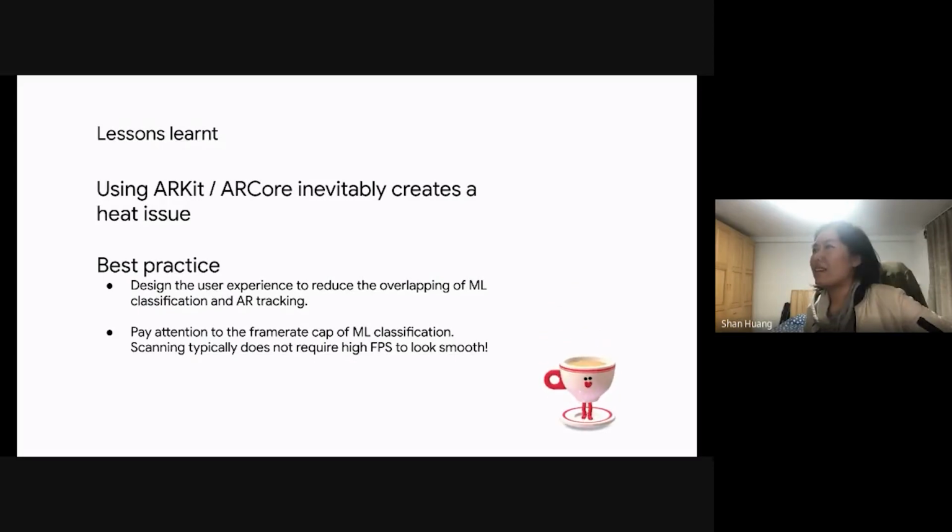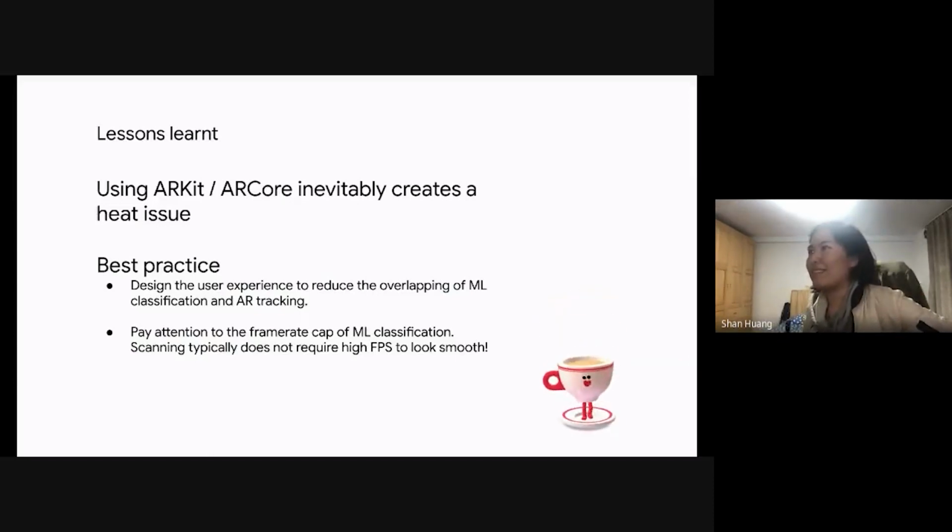AR being the main energy drain, if you delay running it, you can save a lot of energy consumption when you don't need it. There's another catch for this kind of user experience, which is when you are designing for a scanning step. Scanning is actually a very common use case these days, right?